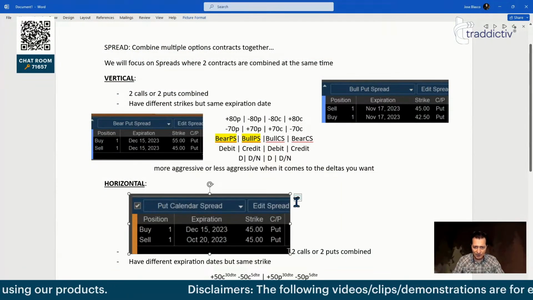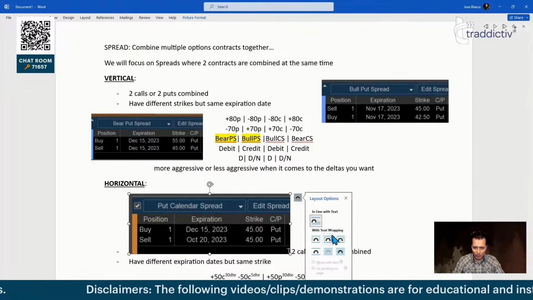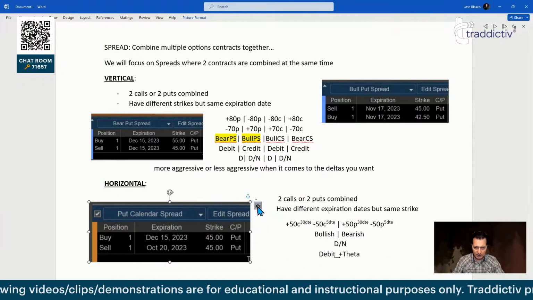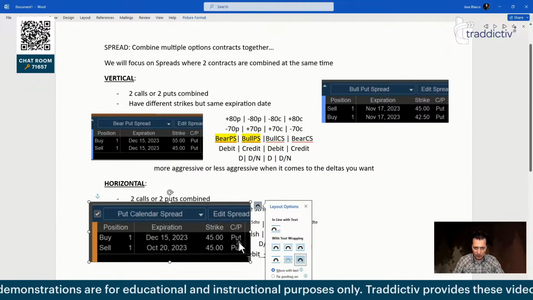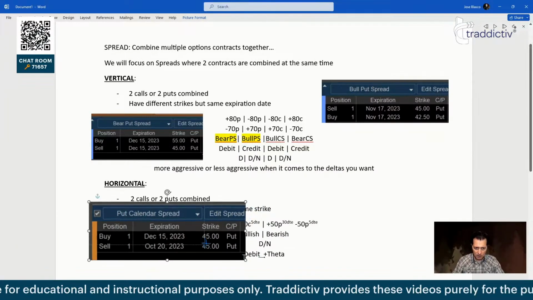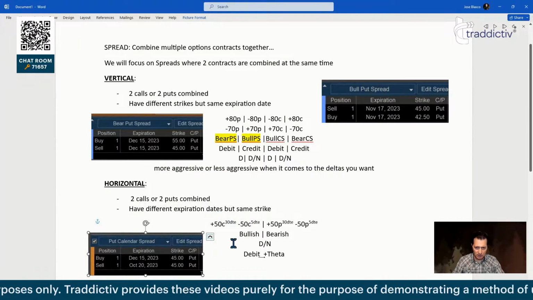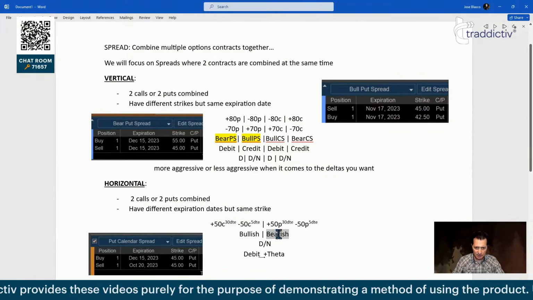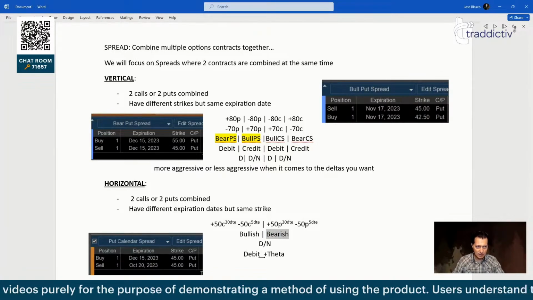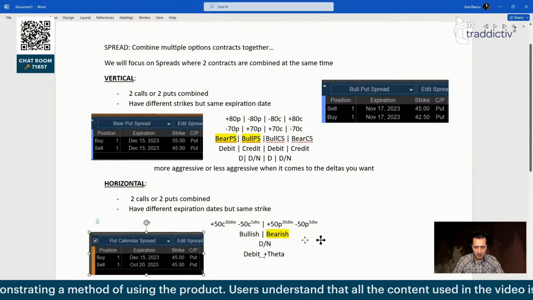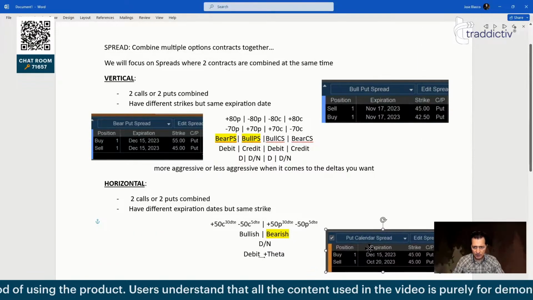So with the calendar spread, I also use puts. Sorry, I didn't click in the right place. Here we go. I also use puts, and in this case, it was the bearish one. That's the one we did.